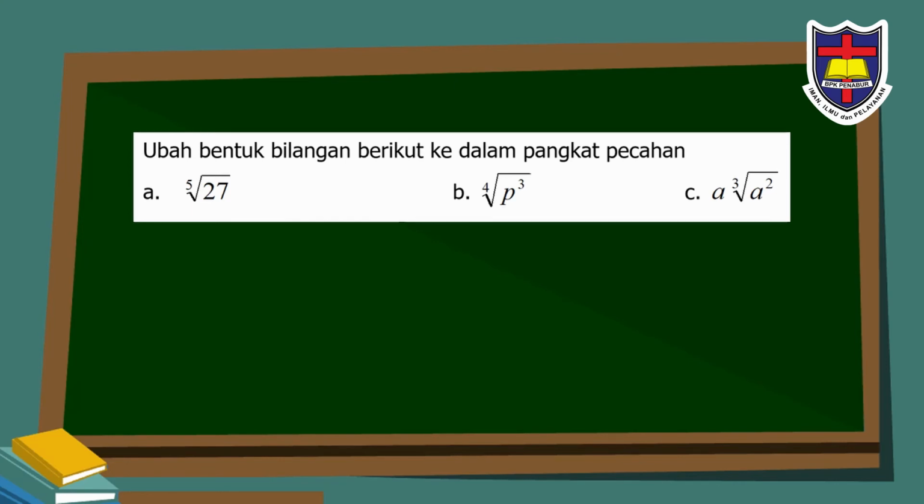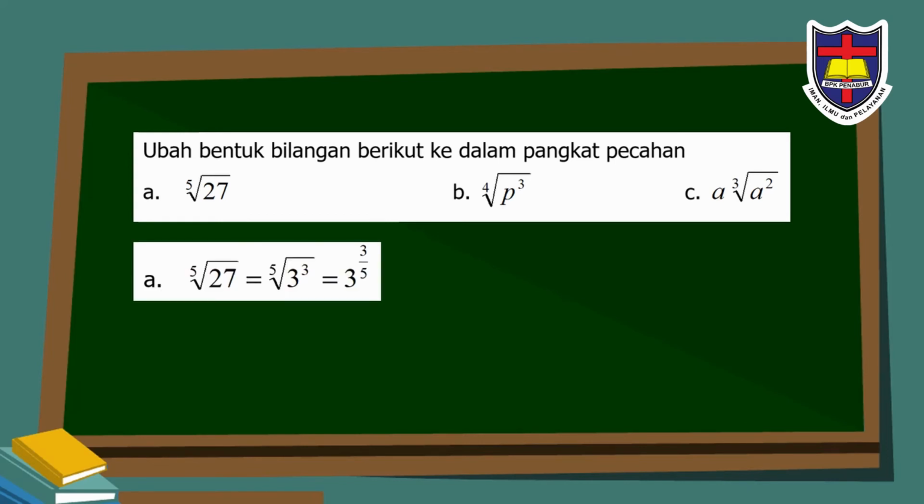So for a, we can write it down just like what we've already learned from the last slide. When we have fifth root of 27, we must change the 27 first. 27 equals 3 to the power of 3. So we can write it in fractional exponent as 3 to the power of 3 over 5.